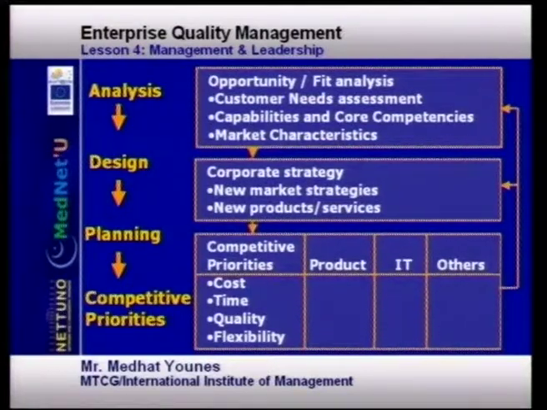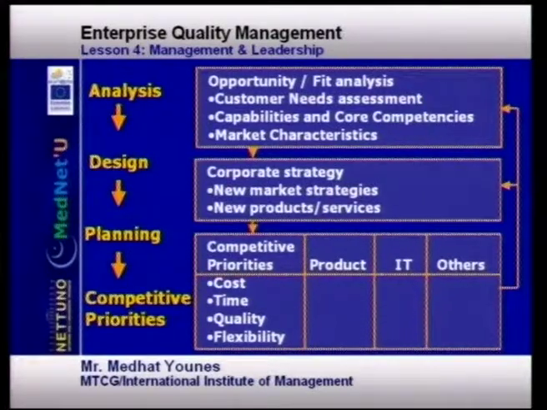For HR, it's your strength in hiring, retaining, and developing the best people, and minimizing employee turnover. For production, your competitive priorities would be cost, time, quality, and flexibility. We already mentioned that. And for IT, it's your automation, reporting, and what we call FCAPS.